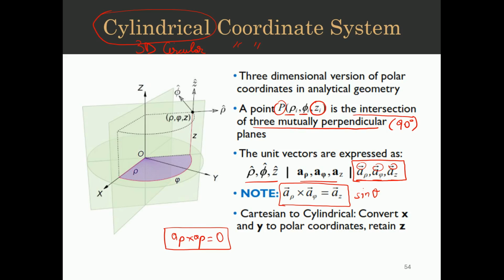Let us study more on the axes and the unit vectors and understand the planes associated with the 3D cylindrical system. So again, the idea is, if I have a point P in the rectangular coordinate system as x, y and z, with any scalar location, it can have its own unit vectors like ax, ay and az.